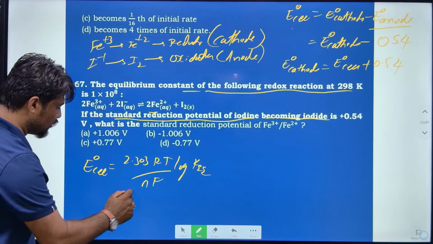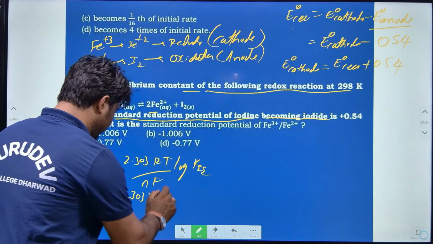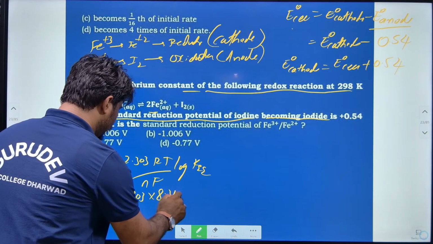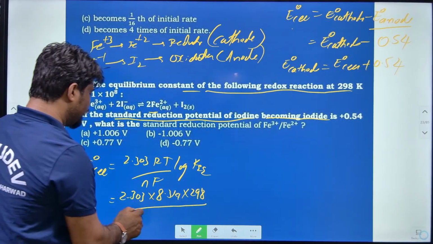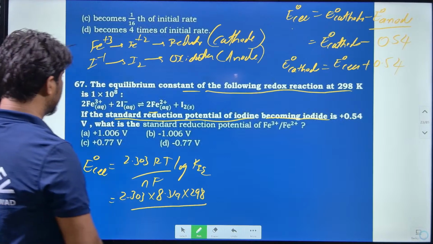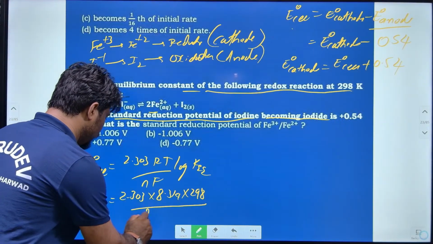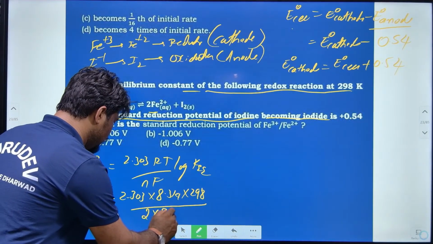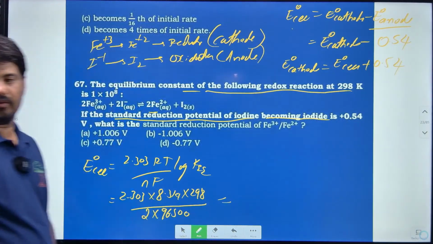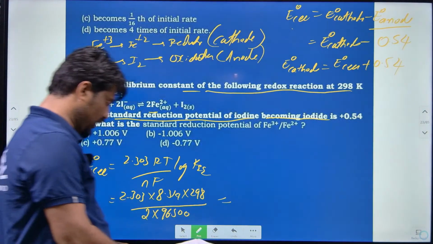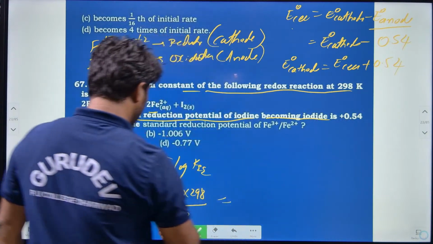E naught cell is equal to 2.303 into R value, you can substitute 8.314, into temperature, which they gave as 298, divided by the number of electrons transferred here. So 2 electrons, that is 2 into Faraday, 96,500, which on simplification... sorry, I need to substitute the log value also.